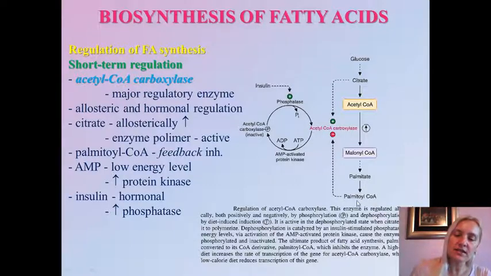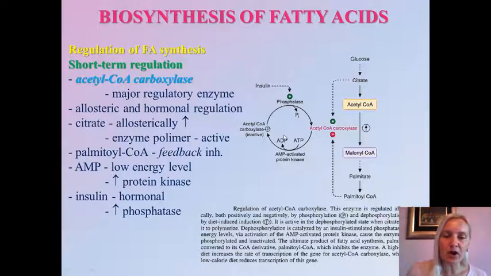On the other side, let's go further on to fatty acid synthesis. The ultimate final product of the biosynthetic pathway is palmitoyl coenzyme A. So the product of the pathway itself can inhibit the major regulatory enzyme by the mechanism of feedback inhibition.